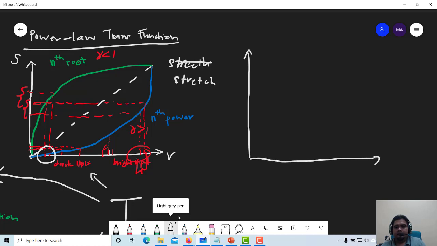For example, this is my power law. If I want to mimic the behavior of the power law transformation function using a piecewise linear transformation function, I just set it this way, the linear in this way.